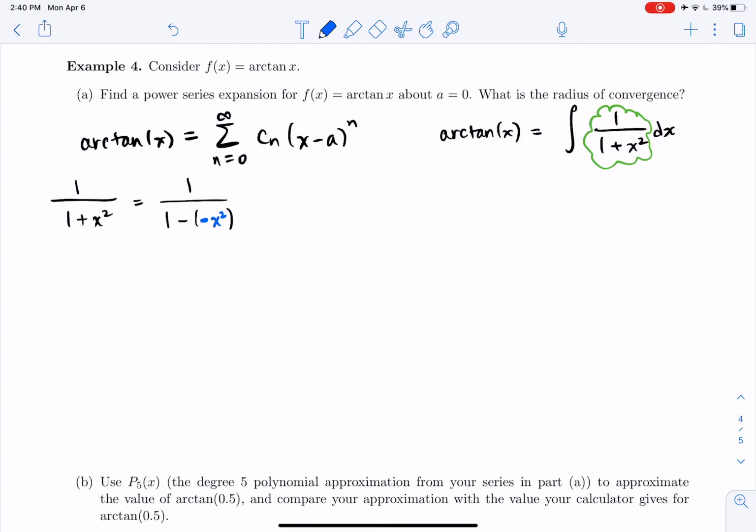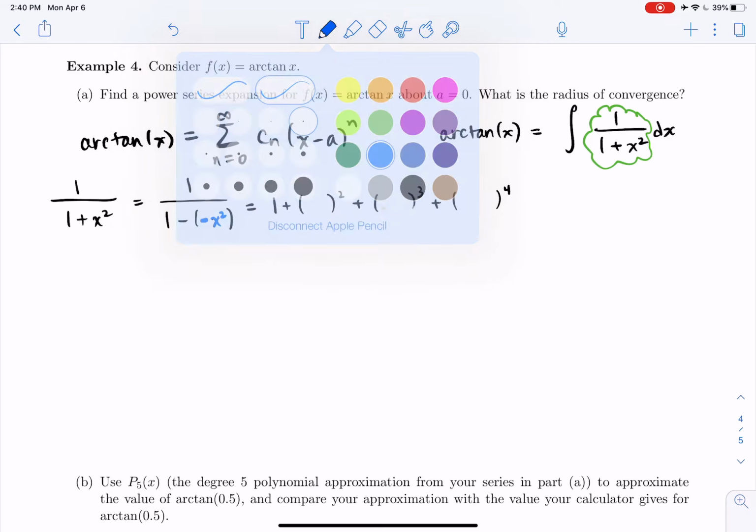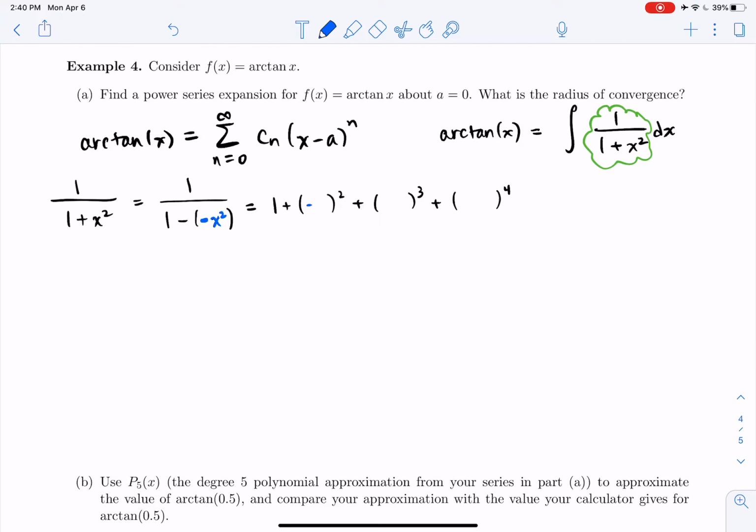So in the power series expansion for 1 over 1 minus x, we're going to replace x with a negative x squared. So this is 1 plus, this is the power series expansion for 1 over 1 minus just x, but everywhere I had x in the original series, I'm going to put my negative x squared there. Okay, and this goes on.